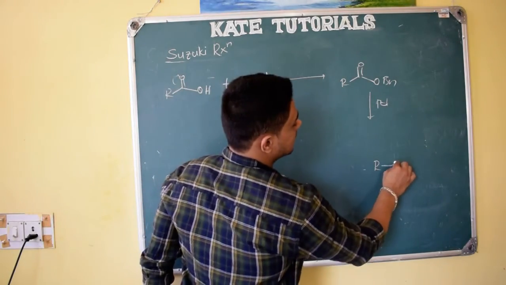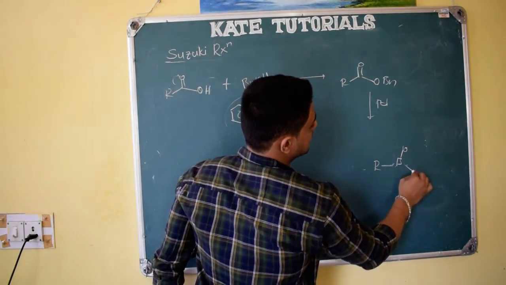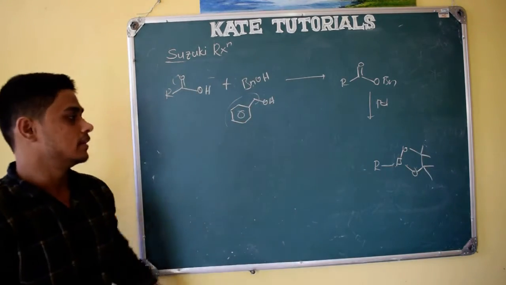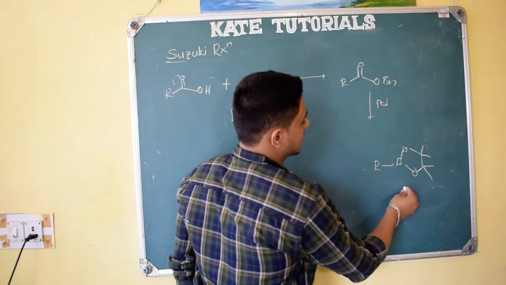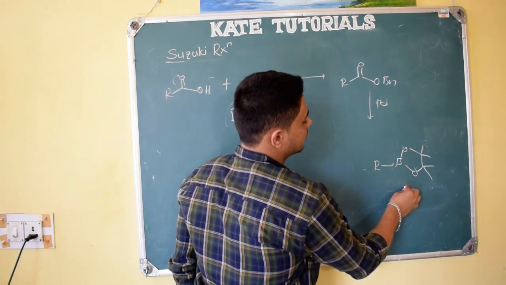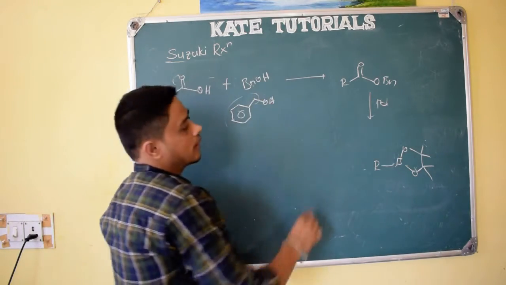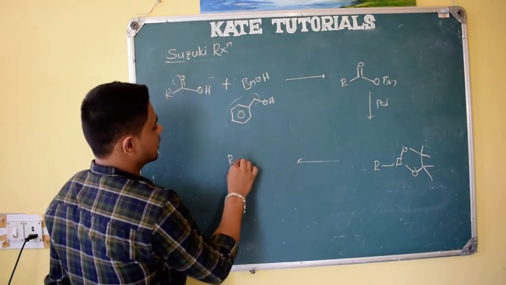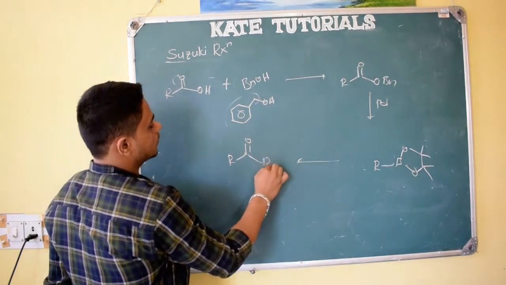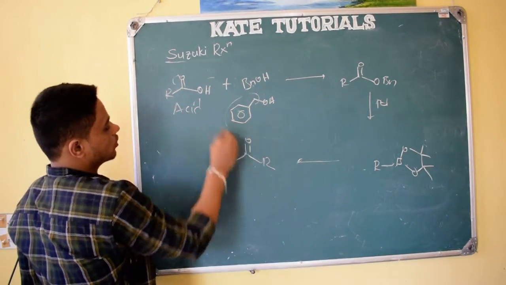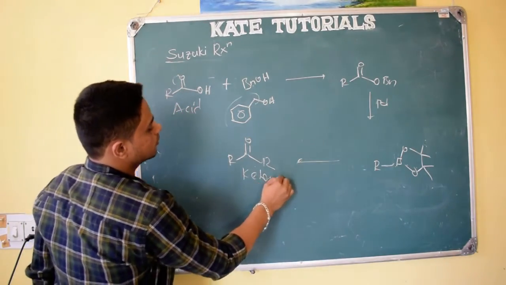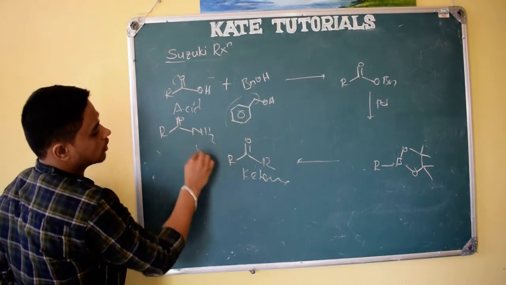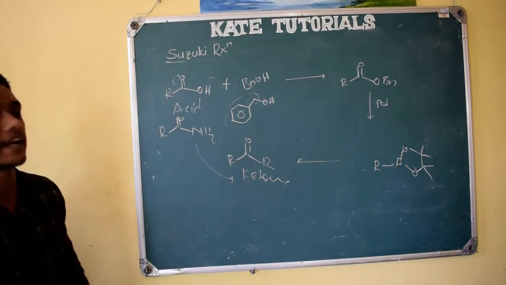In transmetallation he made use of boronic esters or boronic acid, in the presence of base, KF or OH minus, which activates it, followed by reductive elimination. So he got RCOR. From the acid he was able to convert into ketone. Similarly, from the amide he was able to convert into ketone using the Suzuki reaction, right?